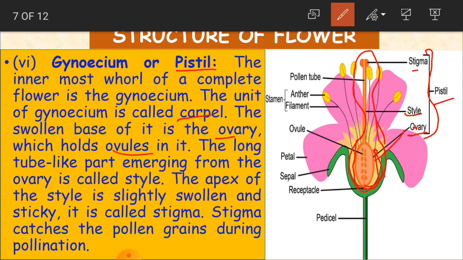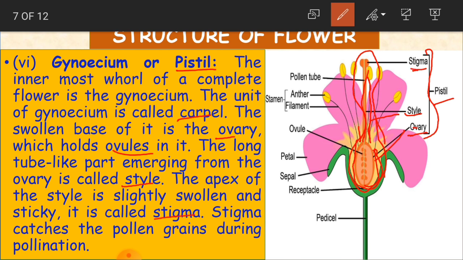And the long tube-like part emerging from the ovary is called a style. From here, you can see a long tube-like part which starts from the ovary, and this is called a style. You can see this in the picture, children. And the apex of the style is slightly swollen and sticky, and it is called stigma.